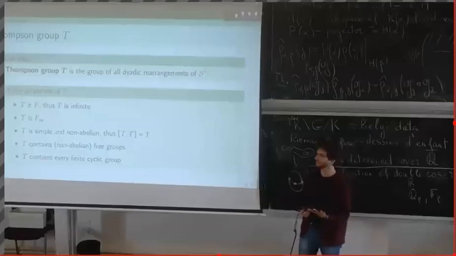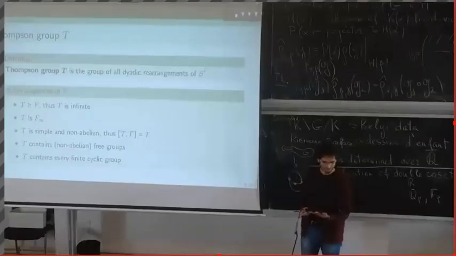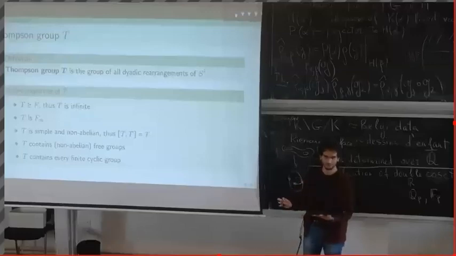So if I tell you that the commutator subgroup is simple, that is kind of silly to say, but it is true. As I said, this kind of assertion will be very common here. Also, it contains non-abelian free groups, so there is no problem here. We know that this is non-amenable. And just to give you an idea of how big this group is, it contains every finite cyclic group.